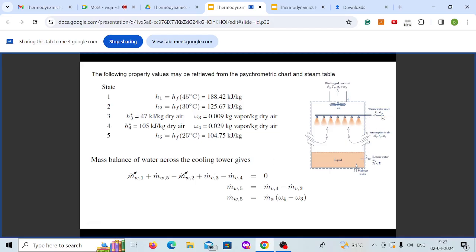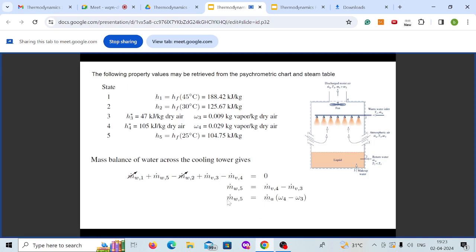Since the water coming in and going out is the same, the change of water going into the air is given by the makeup water. So m dot w5, the makeup water, equals the mass of water vapor present at the inlet minus exit.